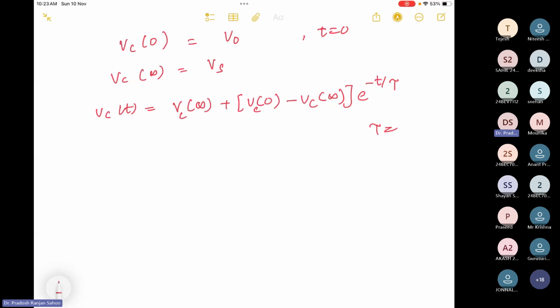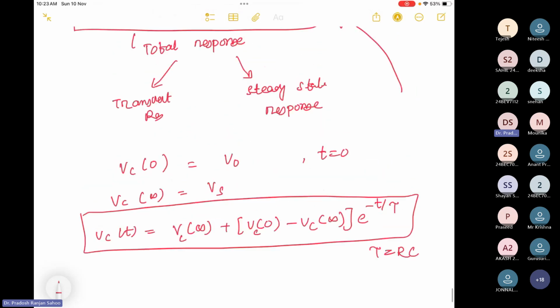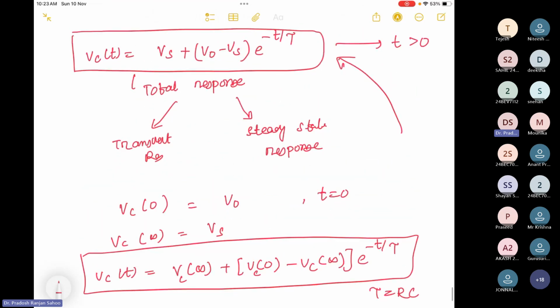This is an RC circuit, tau equal to RC. Both the equations are the same. So Vc at infinity is nothing but Vs, and Vc(0) is nothing but V0.